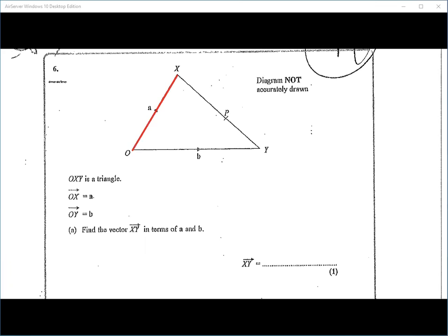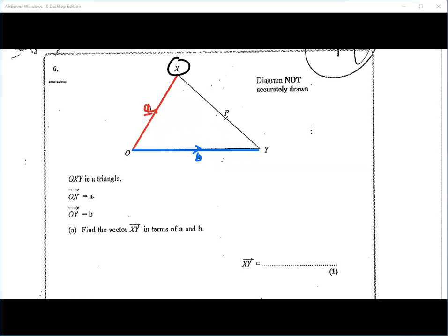This is our A, and let's put this other vector in as our B. So O to X equals A, O to Y equals B. Find the vector X to Y. So how would you do X to Y, Ismail?